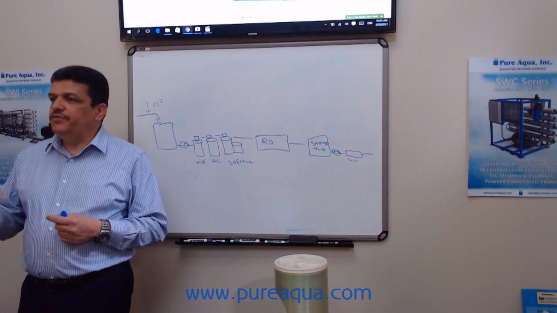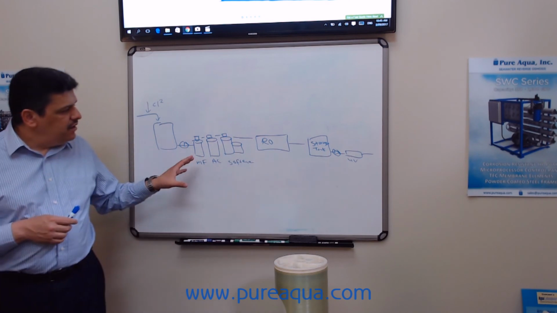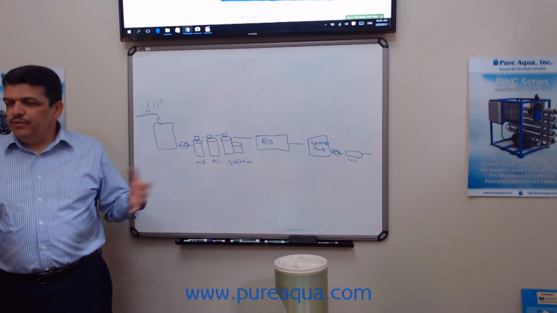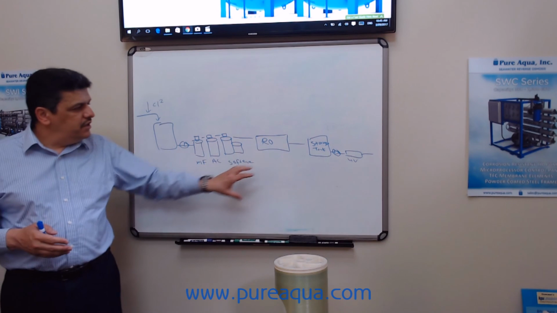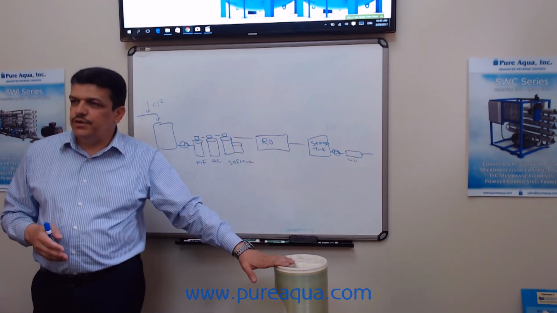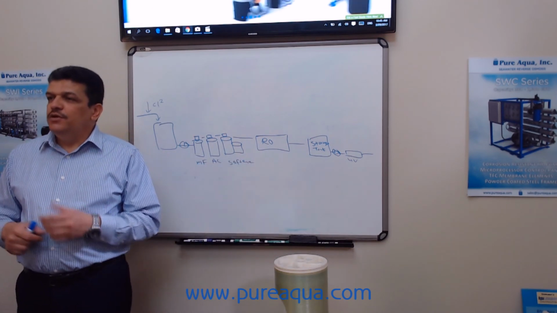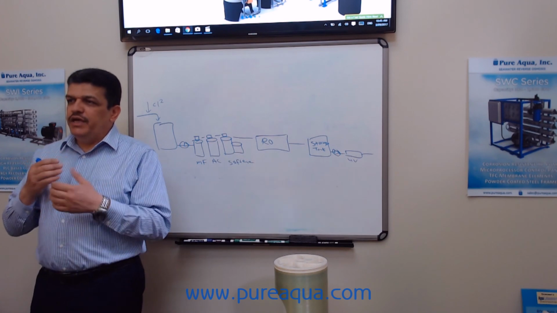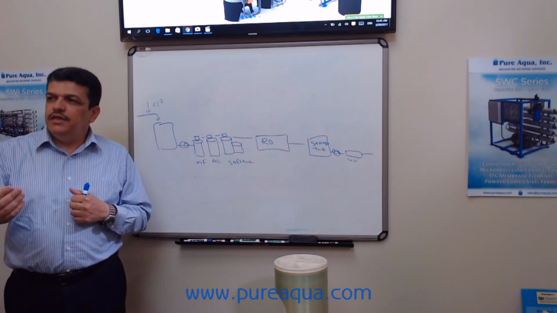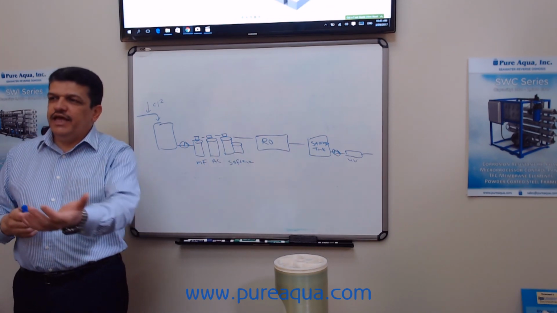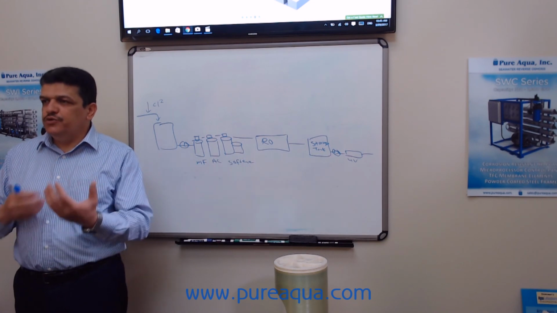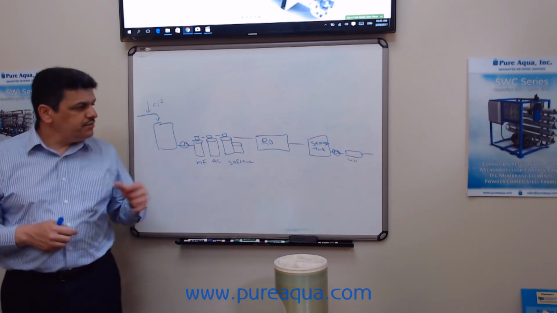In this case, calcium and magnesium, what we call the total hardness, would foul the RO membrane, which is this one. So we're going to get rid of it. We exchange here: we release the sodium and we take out the calcium and magnesium. That's why we call it ion exchange.